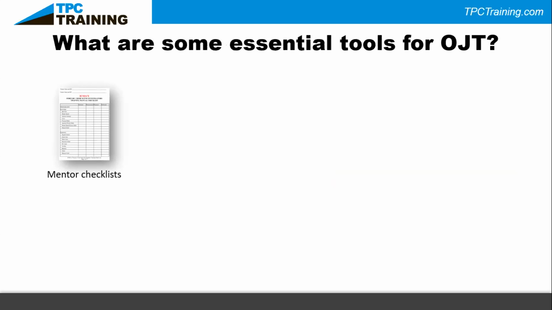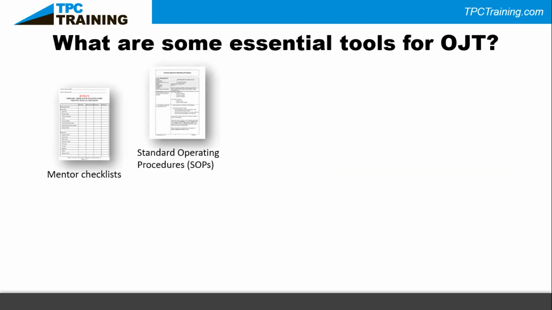So the checklists of the tasks that you need to work through as the mentor and the trainee. But also how to standard operate your machine. So standard operating procedures, SOPs we call them. Different organizations have different names for these, but basically here's the steps you should follow when, let's say, starting up your machine or shutting down your machine or doing maintenance on your machine.